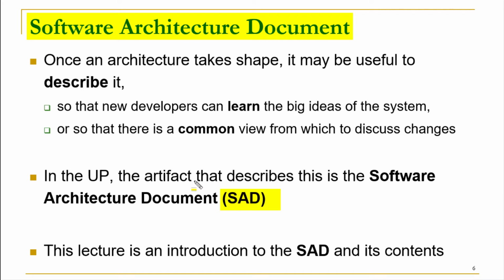One of the benefits of recording the architecture and creating the document is that new developers joining your team can learn the big ideas that you have used in the system, so they'll have a very good view. Another reason is very similar: everyone in the team would be on the same page. They would know what is happening and what has already happened in the project.